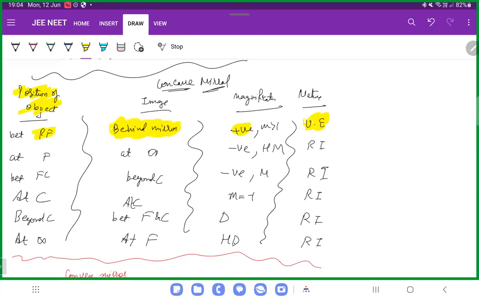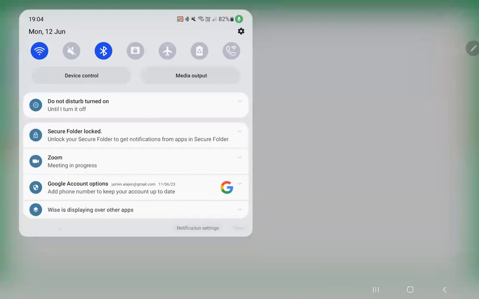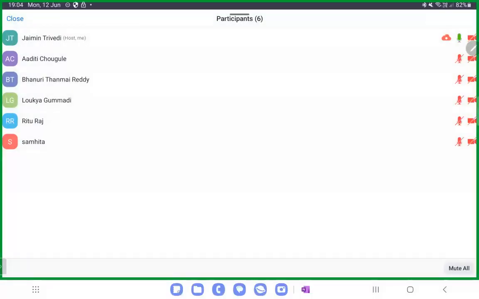Do you remember all these characteristics? 11th standard guys, you should remember because you studied just now. What about 12th? Do you remember those characteristics? Yes or no?